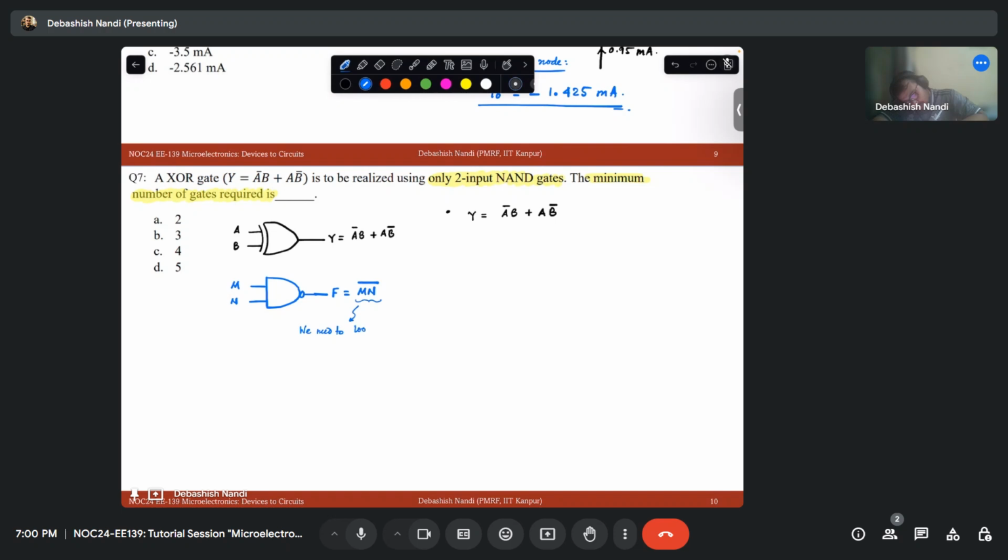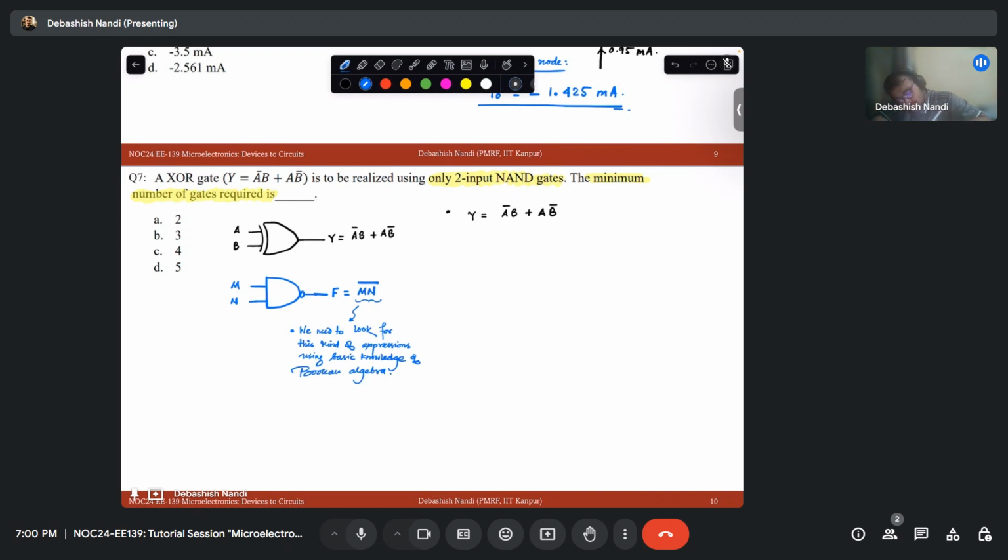We need to look for this kind of expressions using basic knowledge of Boolean algebra. Okay, fine.